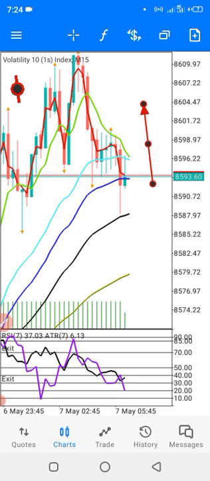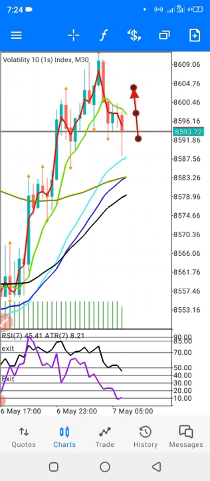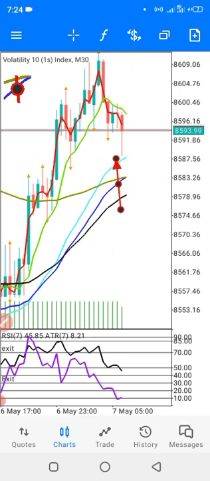I don't know if you get what I'm trying to say. So this is what these moving averages can do. They give you warning. Whenever the price touches the moving average, you get rejection, like a buying signal.